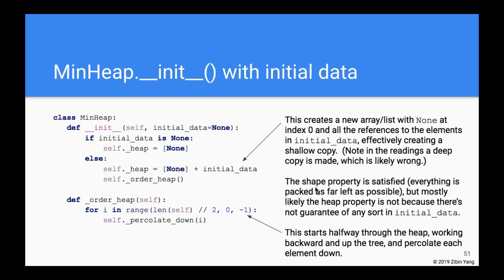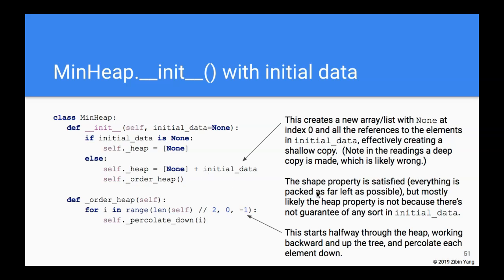well, we have to think about the shape property, because this is a heap, so we must think about the two properties, right? Is the shape property satisfied? Well, it is, right? Because as we already saw, the shape property really just says the elements in the array must be contiguous with the first one being None.